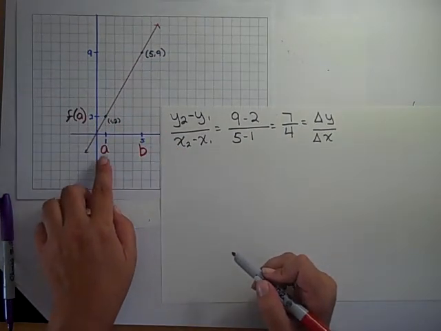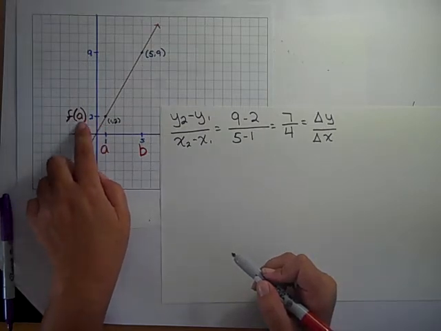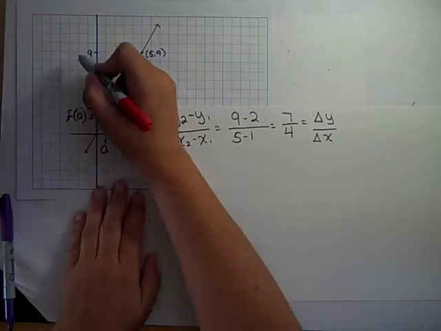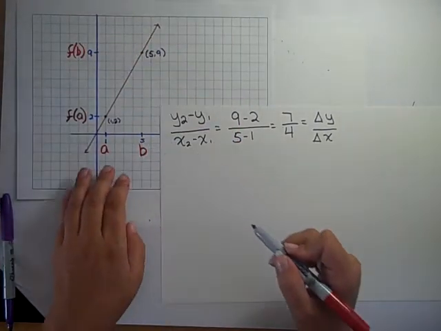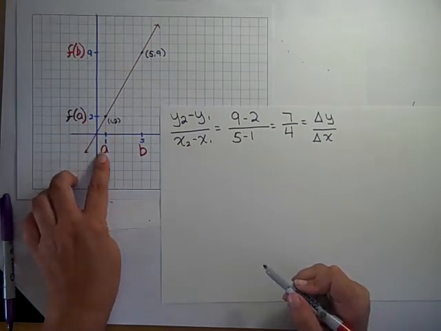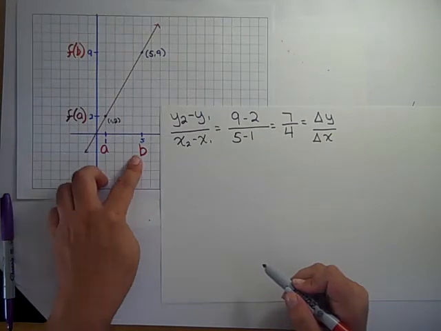Right? Because if you plug a into the function, you're going to get 2. So that point is f of a. So this point is f of b. Okay, so f of a is the y value that corresponds with a. F of b is the y value that corresponds with b.